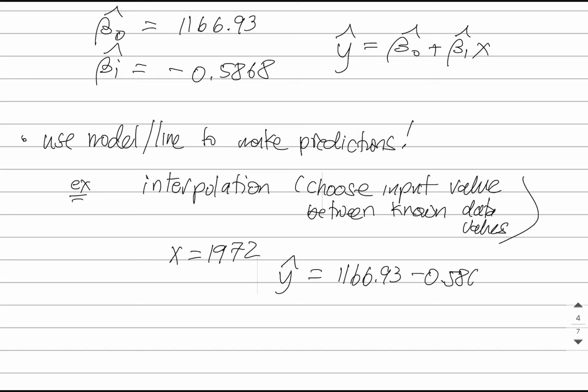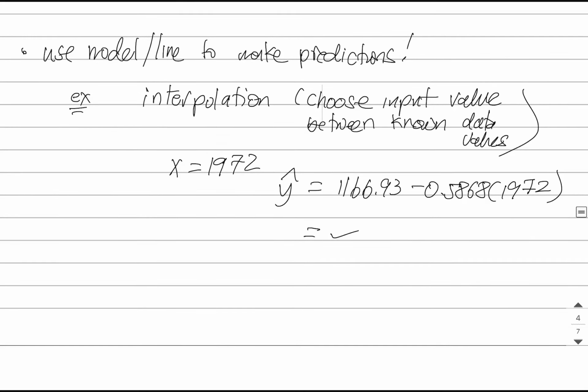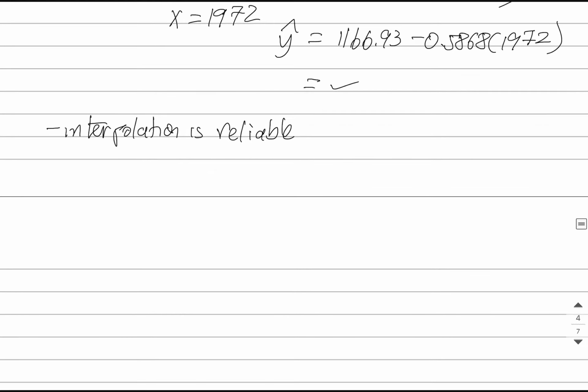You'd calculate this, and you'd put it in and you'd get some value. Now, generally, interpolation is fairly accurate. So we like interpolation. It's reliable because you are within the data range. And within the data range is pretty safe.